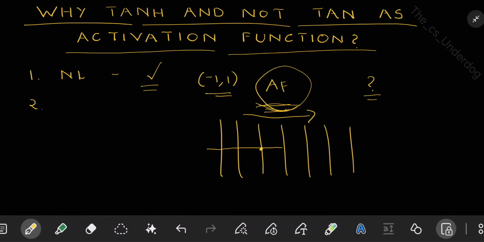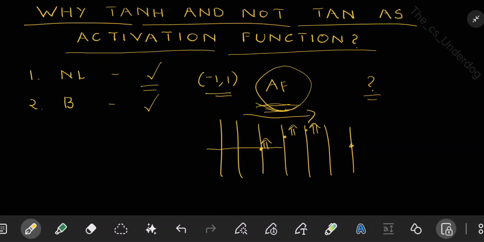What happens if this value is very large? If it is a very large value at this point, in the next layer it may even shoot up. Next layer, it may shoot up even further. So by the point it reaches the output layer, it will be a very large value and it will be difficult for you to manage. You can say the values will explode. In order to avoid that, you should always have an activation function which is bounded. In this case, tan h is a bounded function. So this particular quality makes it more useful.